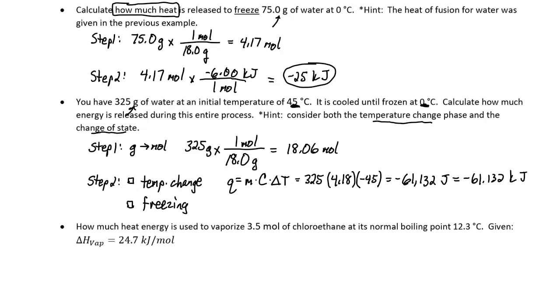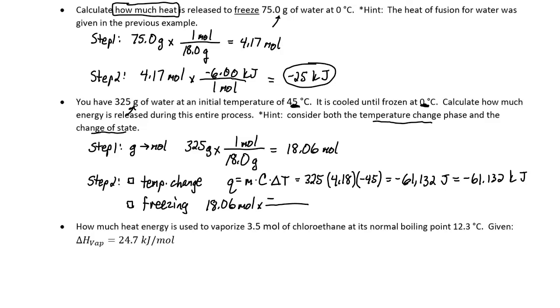Now let's go down to freezing. Take the amount of water that we intend to freeze. Multiply by a fraction. Freezing is the delta H solidification value. Freezing means solidifying. We just used that value in the previous problem.